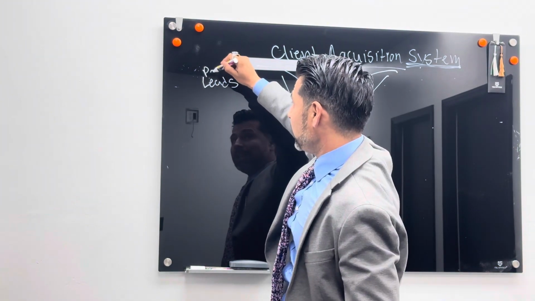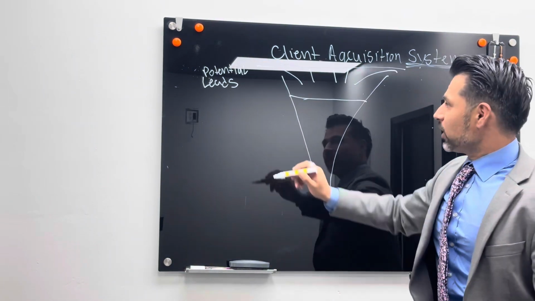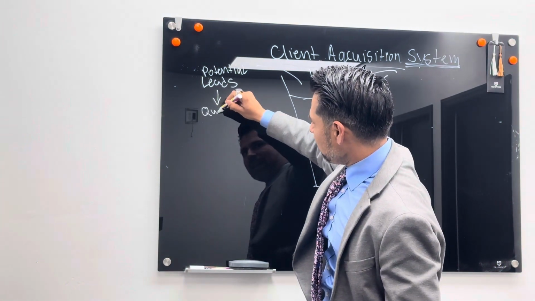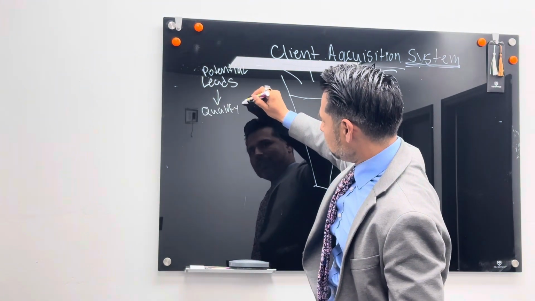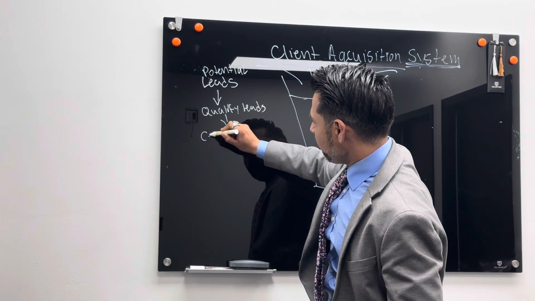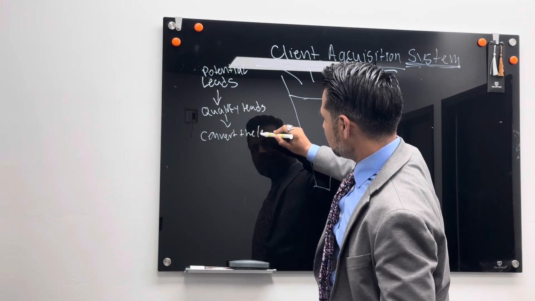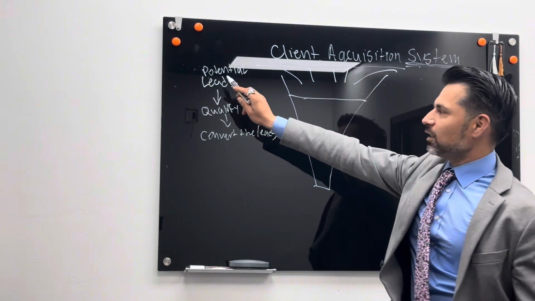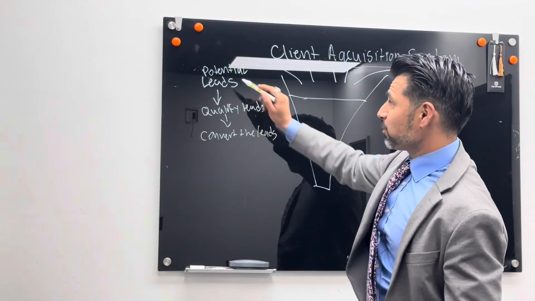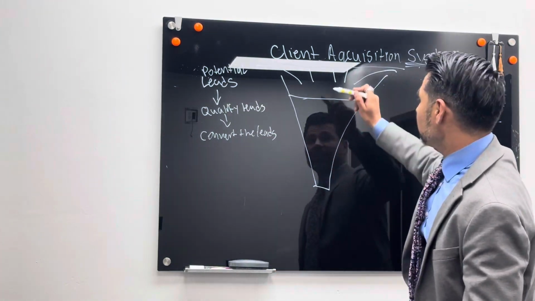They're not leads yet, but they're potential leads, which then we qualify, and then we convert the leads. And that is what a whole client acquisition system is supposed to do. We need to capture potential leads, qualify the leads, and then convert the leads using this funnel.